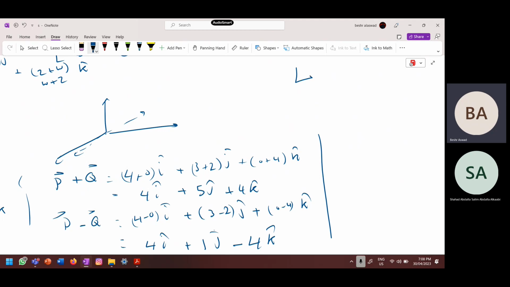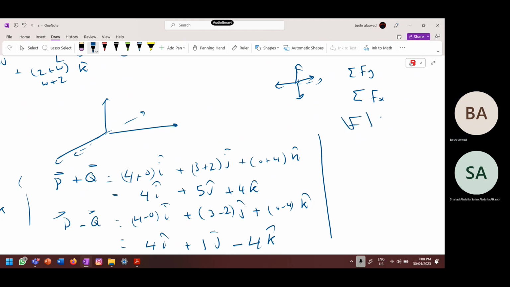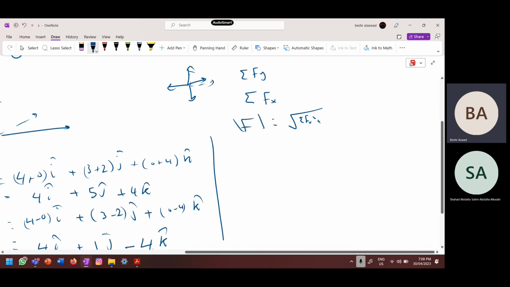When you're going to find the forces in such a system, you need to find the components, then find the summation of these components. Then finally you get the magnitude by finding the square root of the sum of the squares.